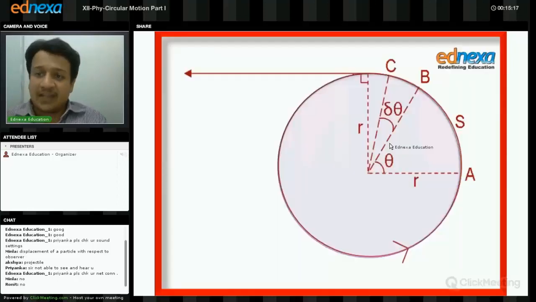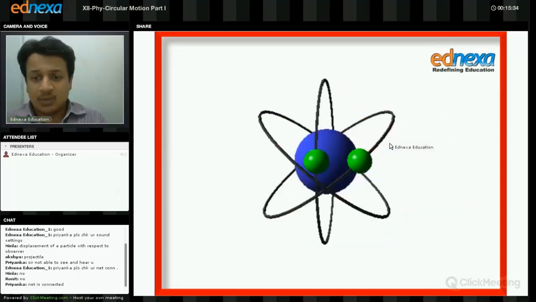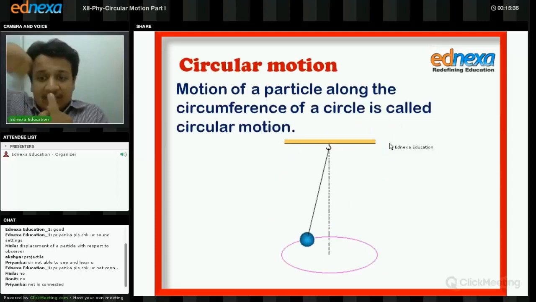Now let's consider this diagram. In this diagram, the central point or center of the circle is O. Now we are observing top view of the previous first example. That ball is revolving like this way, no?